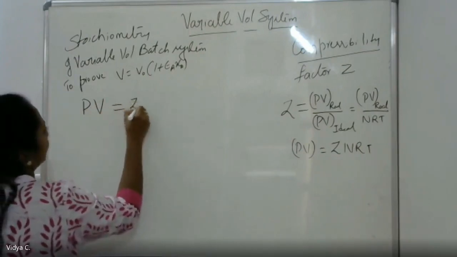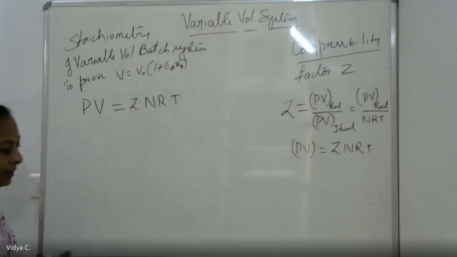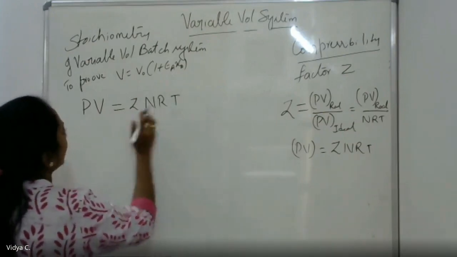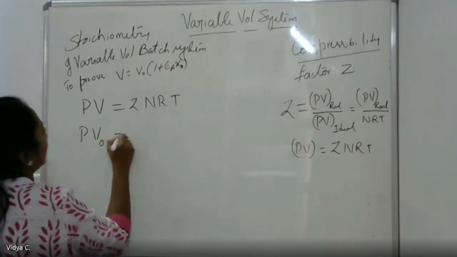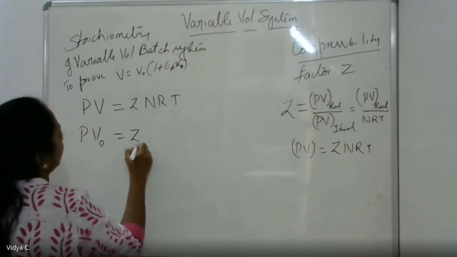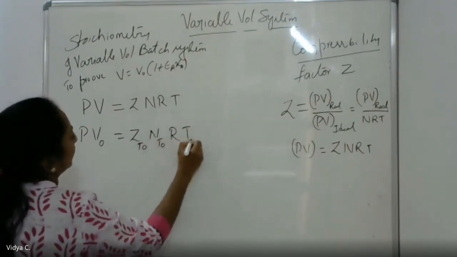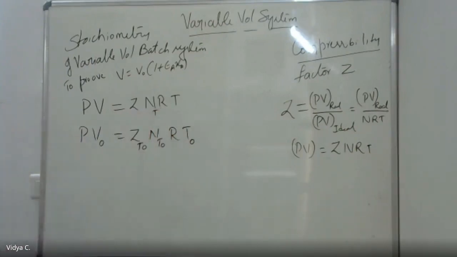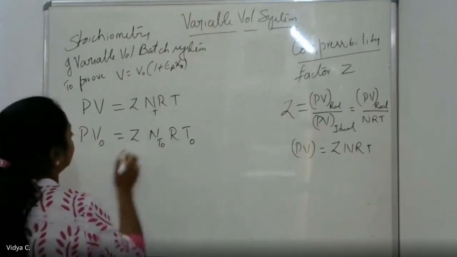So let me take the same equation now. PV is equal to Z N R T. This is at some temperature T. The same equation at T naught can be written as P naught V naught equals Z naught N naught R T naught. I have used Z naught in my copy, so let me use Z naught only.